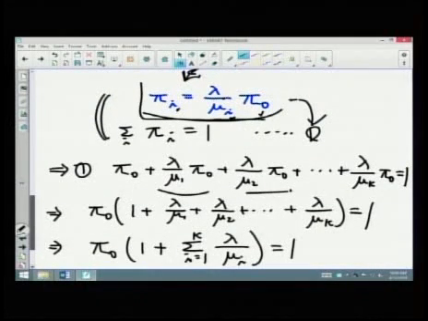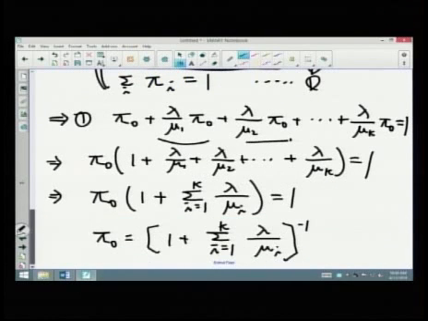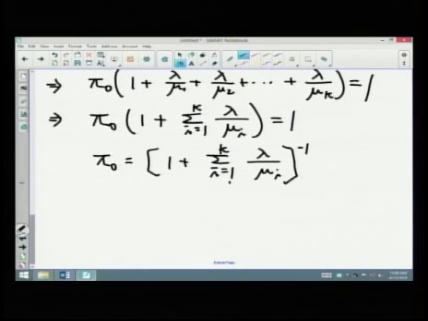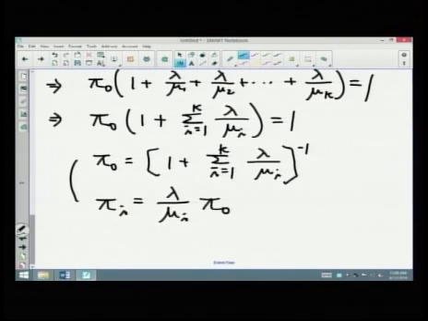Pi I can be obtained from here. Once you get pi 0, you can get pi I, which is lambda over mu I times pi 0.